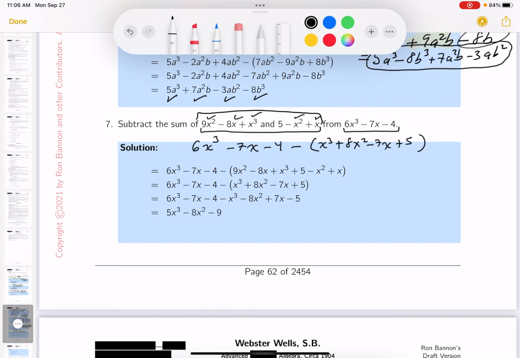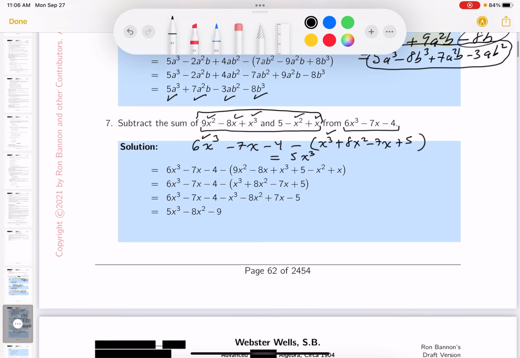All right. So I'm going to see if I can do it without a lot of writing. I'm going to say 6x cubed minus x cubed is 5x cubed. Oh no, I didn't. I'm sorry. So minus 7x minus 7x, there's no x's. I'll write that down for you.